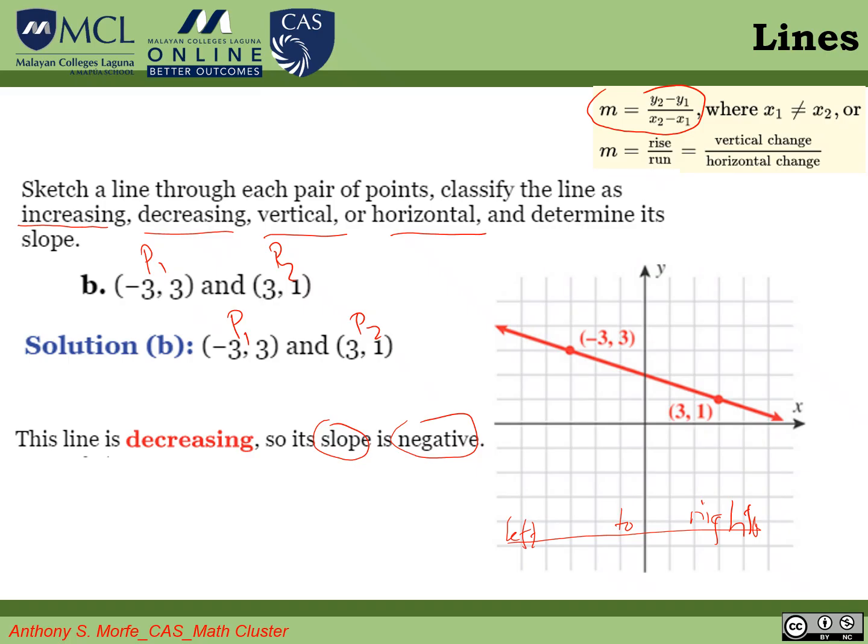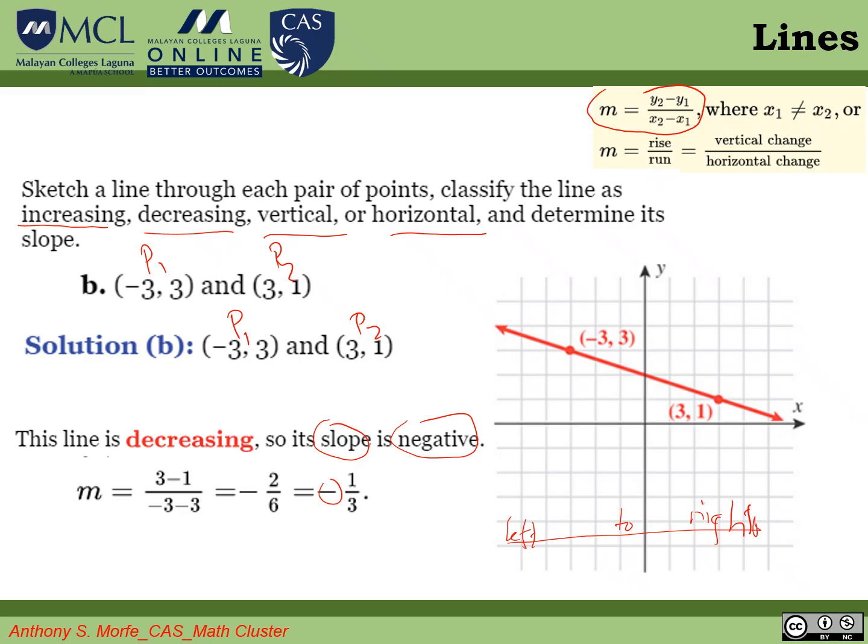Let's see if that is really negative. So we substitute the values, y2 minus y1 divided by x2 minus x1, and we get a negative value. So we can say that the line is decreasing, confirmed by its slope that is negative.